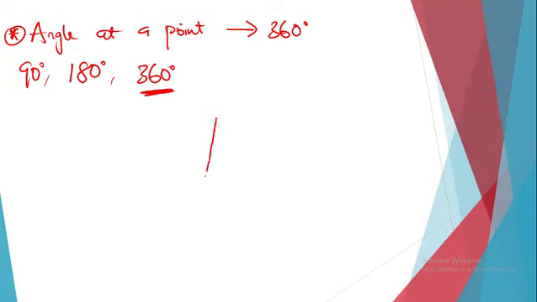Assuming we have something like this, and we'll have another line bisecting it, and then we'll have another one here. Don't mind my drawing, and let's assume here is X, here is Y, here is Z, this is V, this is W. Now the addition of all these angles gives us 360.